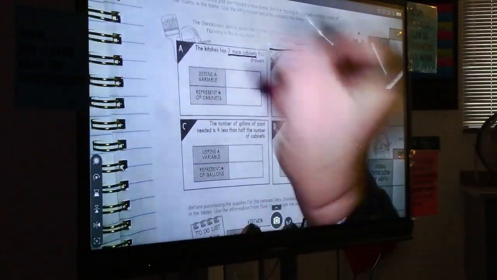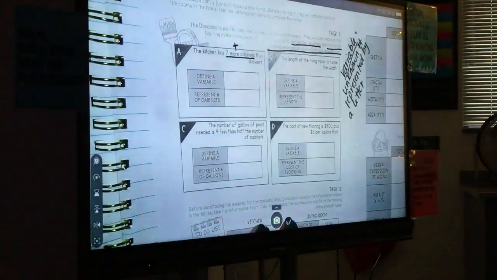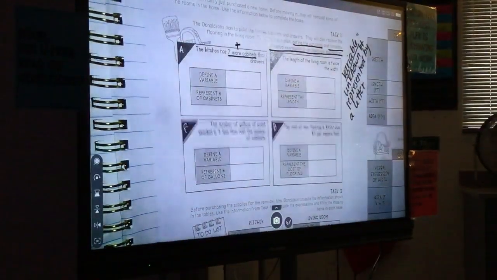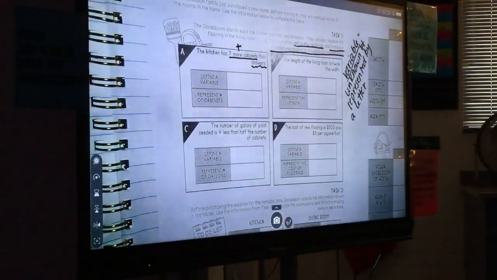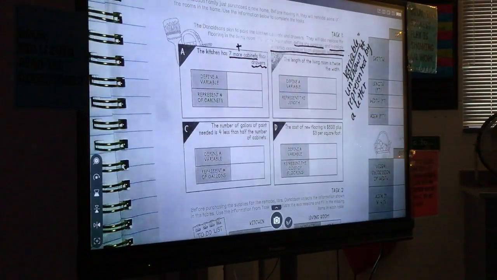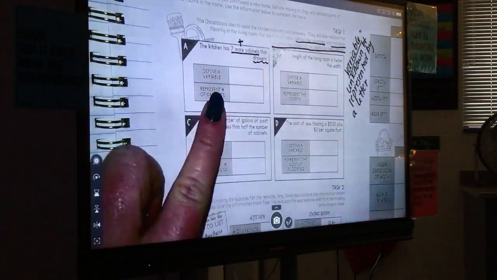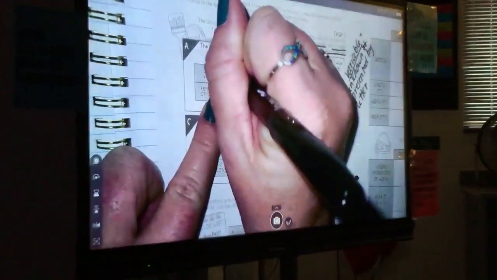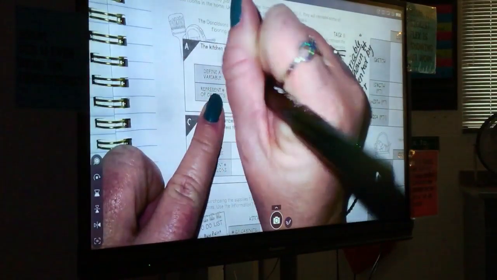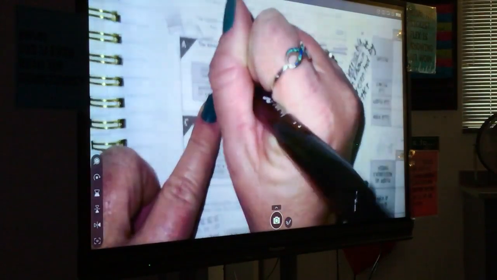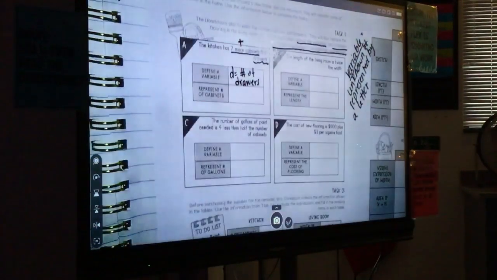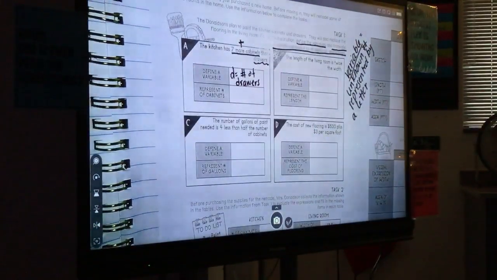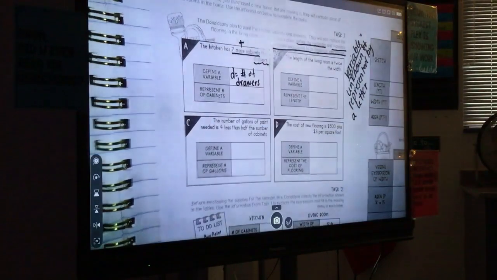So I know that this means plus. Okay, and then drawers. Do we know the number of drawers? Yes or no? No. All right, so we're going to define our variable by saying D equals number of drawers. Okay, so the D is our variable that's representing that unknown number.